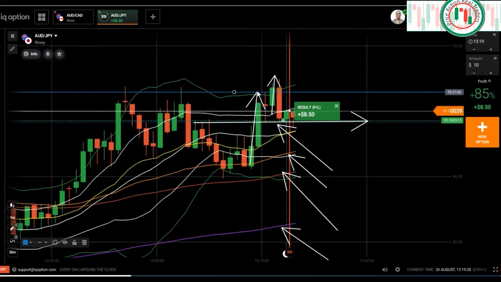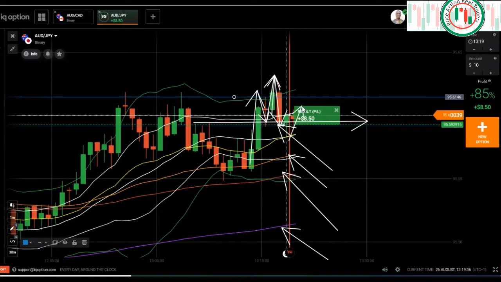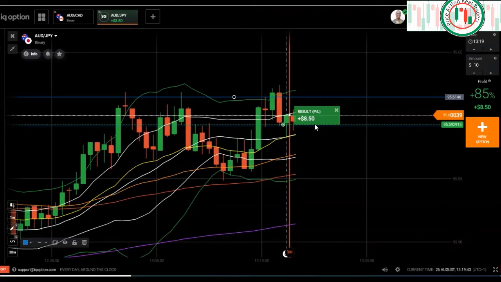You see here, this is the weak candle, and the market engulf this weak candle. Then if market come back to this zone, then you can place your trade. So that's why I immediately place my trade here with confidence, because I know definitely here market must go up. That's why I place my trade.